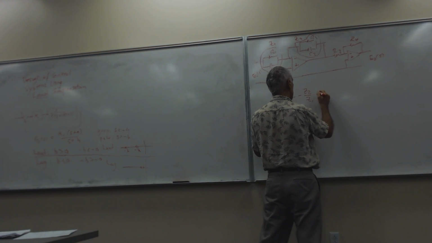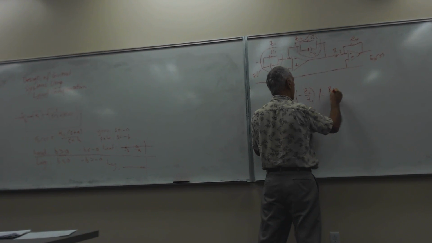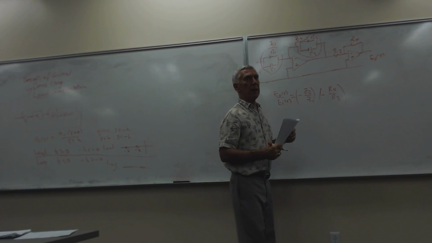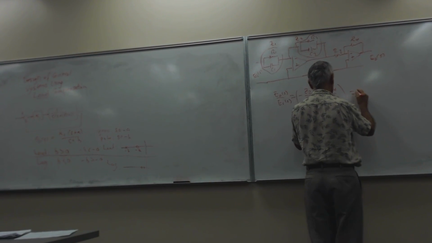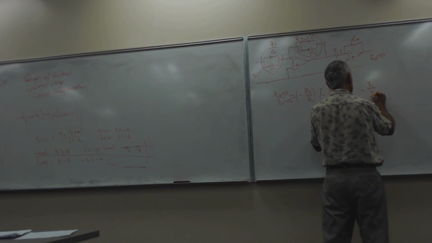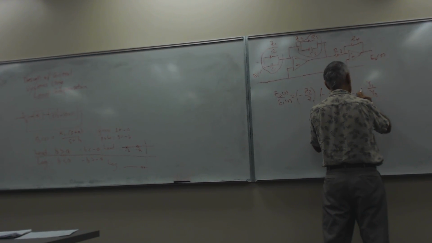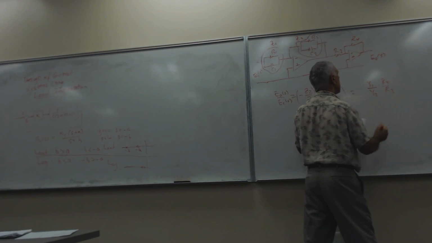And then we have that times minus R4 over R3. And so the minuses cancel out. And this can also be expressed as minus Y1 over Y2 times, and I'll just throw away the minus signs now, R4 over R3, right?